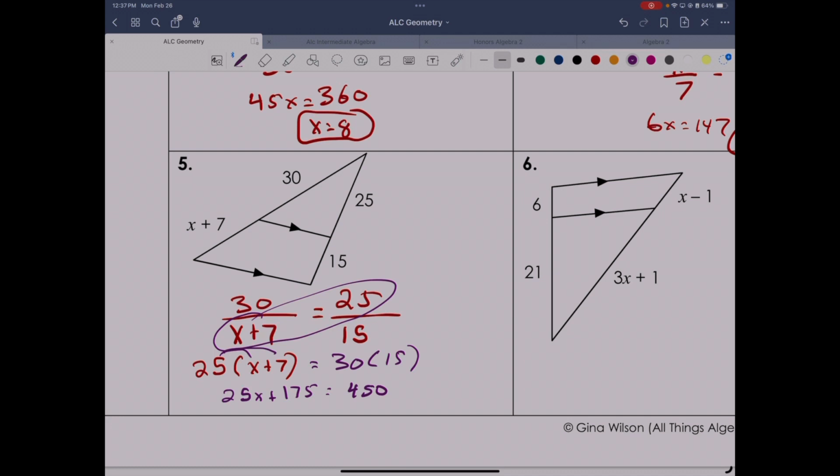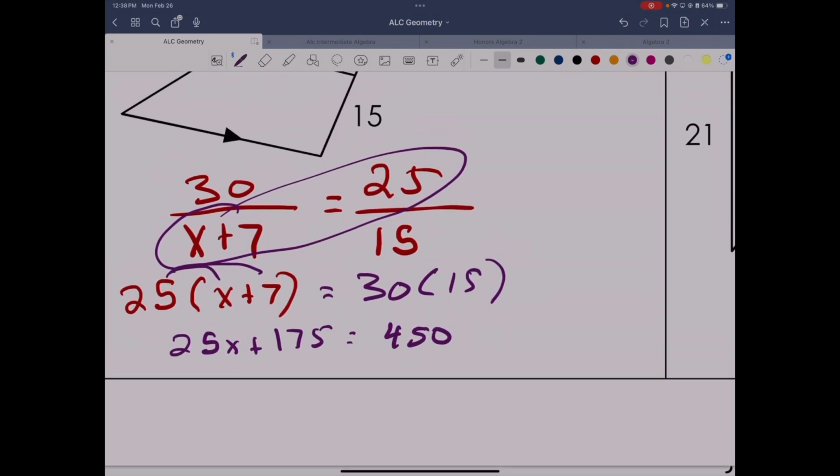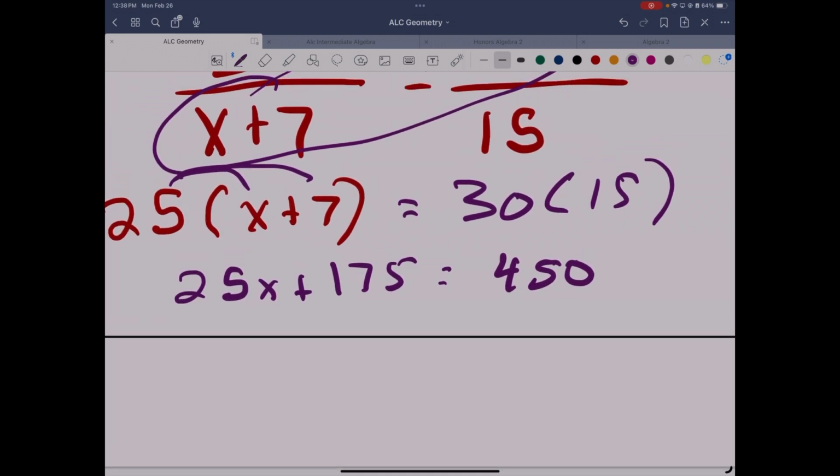Solve. What do I do next to solve that? I've got to isolate the variable. So I've got to get the 175 to the other side of the equation. So add it or subtract it? Subtract. So I'm going to subtract 175 from both sides.